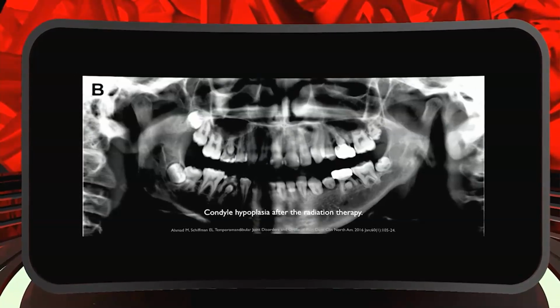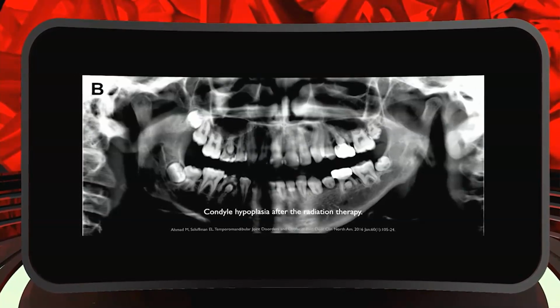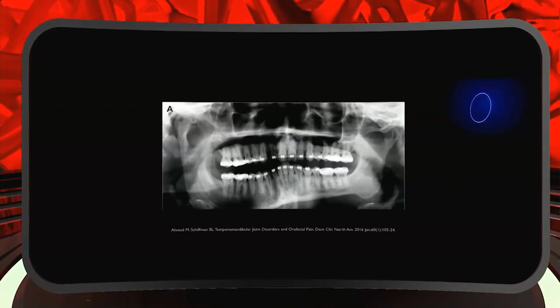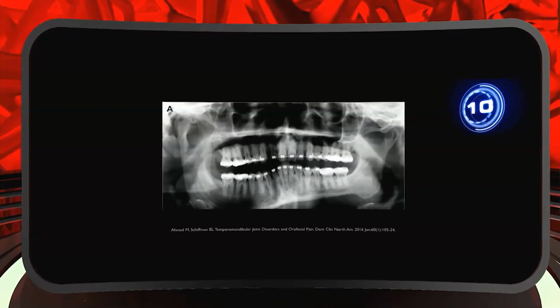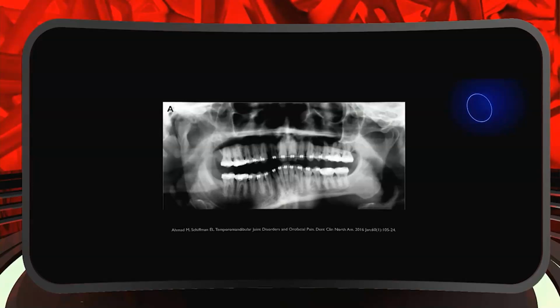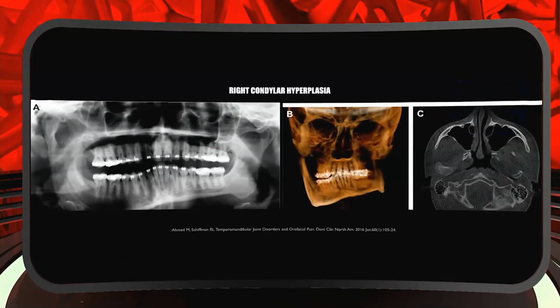Now, take a look at this, and you got 10 seconds to tell me what you see. This is right condyle hyperplasia.